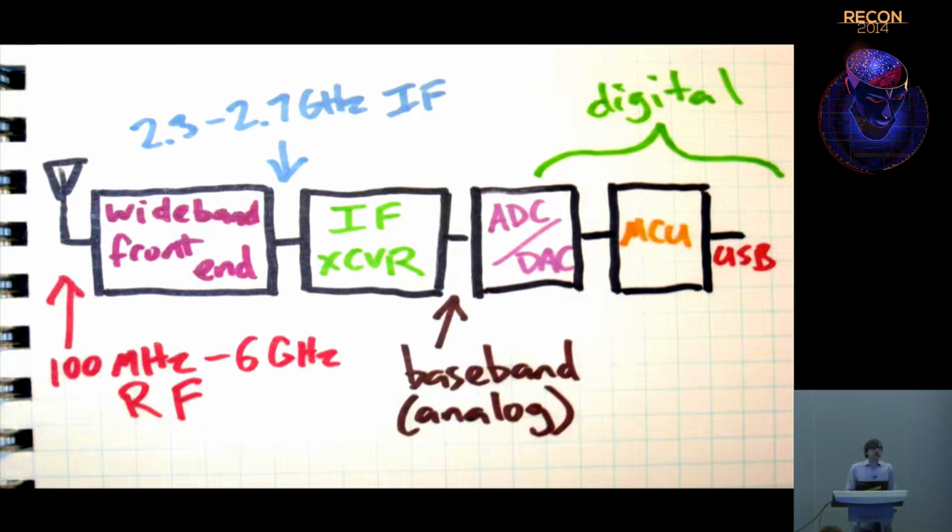Each one of those has its own frequency, and the RF, the radio frequency, is the sum or the difference of those two frequencies. So if the IF is at 2.5 gigahertz and the front end mixer is at, say, 2 gigahertz, then the RF is at 2.5 plus 2 gigahertz or 2.5 minus 2 gigahertz. So it's either at 4.5 gigahertz or it's at 500 megahertz.